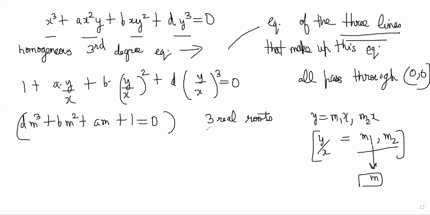So by Vieta's relation, the equation will have solutions m1, m2, m3, and m1 plus m2 plus m3 should be equal to minus b by a, right?